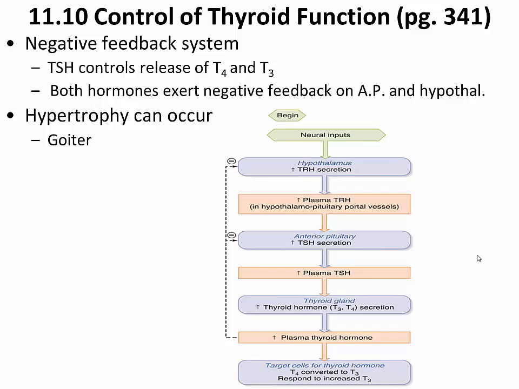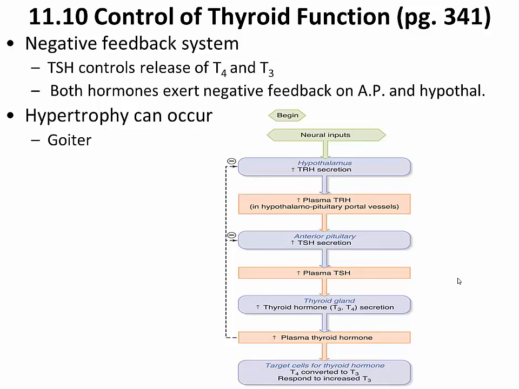As we mentioned previously, hypertrophy of the thyroid gland can occur. The most common cause of hypertrophy of the thyroid gland, which is referred to as a goiter, is overstimulation of the thyroid gland by thyroid-stimulating hormone because, as you know from our previous discussions, thyroid-stimulating hormone is both a tropic hormone, causing the stimulation of thyroid hormone by the thyroid gland, and a trophic hormone, which means that it controls the size of the thyroid gland.